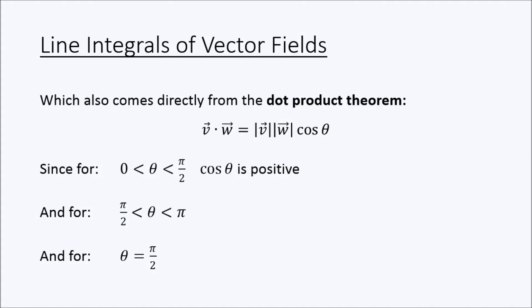Now, if it was between pi over 2 and pi, if that angle between them was obtuse, I'm in my second quadrant, and cosine is going to be negative. And that's where I'm going to get that negative work possibly coming out of my integral. And of course, if theta equals pi over 2, cosine is 0. That's when we have perpendicular vectors. So if our vectors are perpendicular, then the work done is going to be 0.